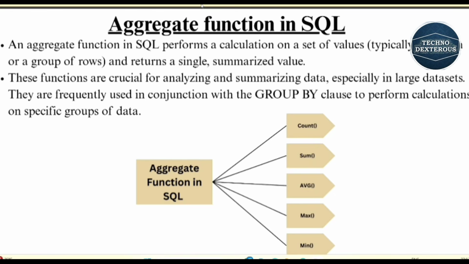These functions are crucial for analyzing and summarizing data, especially in large data sets. They are frequently used in conjunction with GROUP BY clauses to perform calculations on a specific group of data. Here are various aggregation functions in SQL: count, sum, average, maximum, minimum.